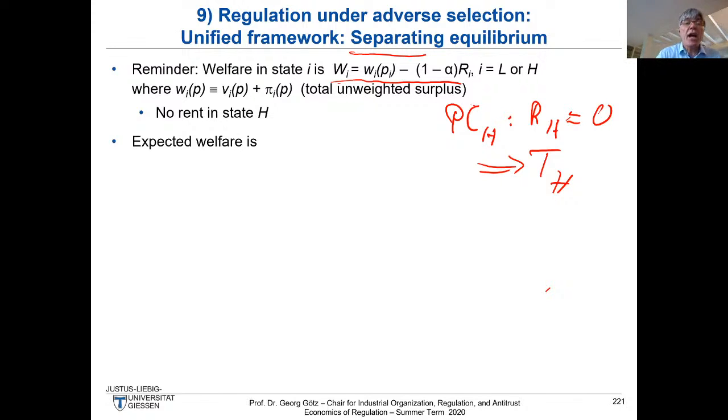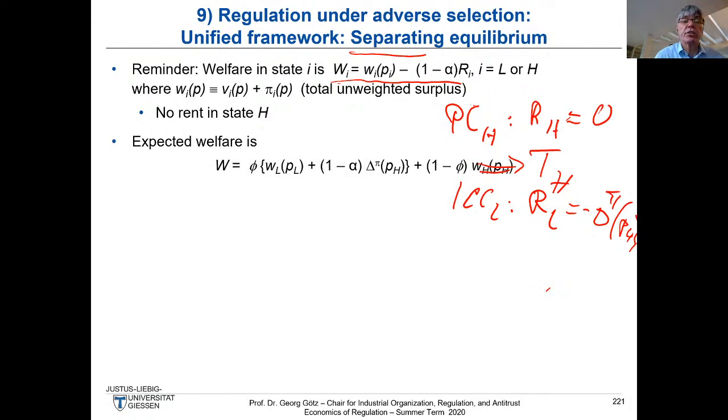And at the same time we have ICCL, the incentive compatibility constraint of the low type, and we know immediately what this is, namely it's minus delta pi PH. That's what is written here anyway.